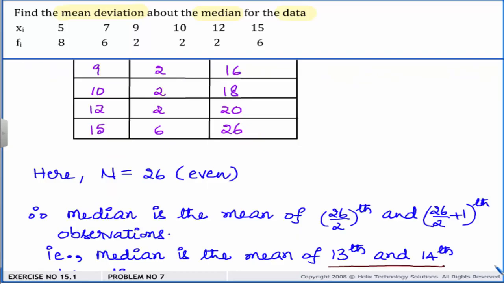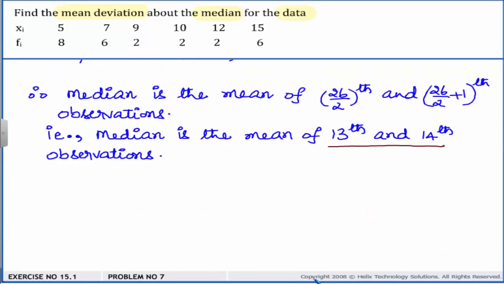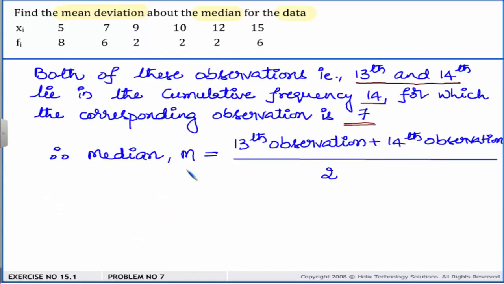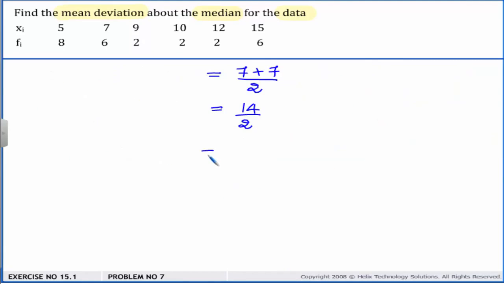Therefore, median M is equal to 13th observation plus 14th observation upon 2, is equal to 7 plus 7 upon 2, is equal to 14 upon 2, is equal to 7. Therefore, we have median M is equal to 7.